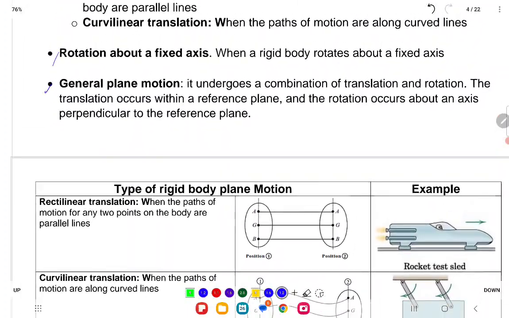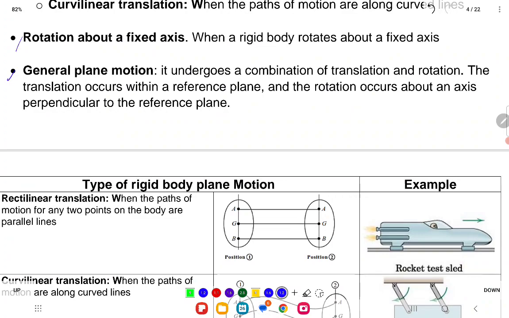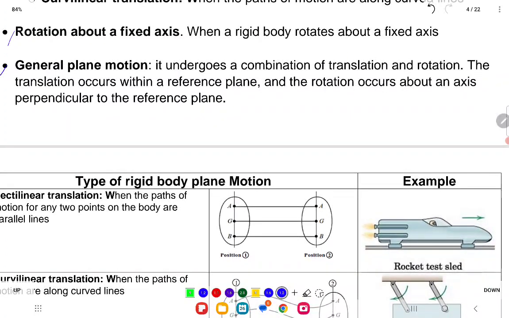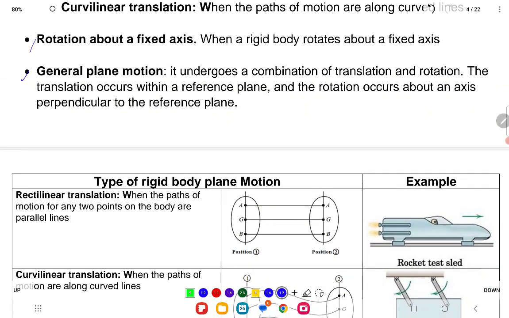Let me show you some diagrams that explain in more detail so you can visualize what it means. For example, if you have a rigid body here and you trace 3 points, A, G, B, where G is the center of gravity and A and B are two other points.